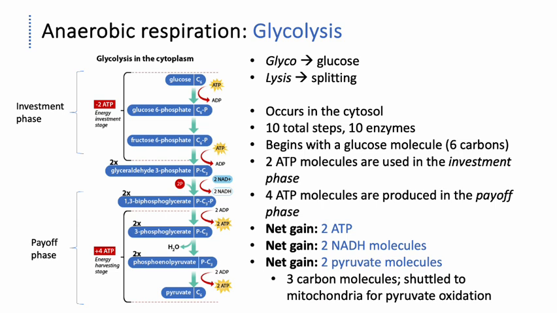So what do we start with? Glucose. What are we producing? Pyruvate, a 3-carbon molecule, and we're producing two of them. There's our 6 carbons, so we didn't lose any in the form of, say, carbon dioxide.